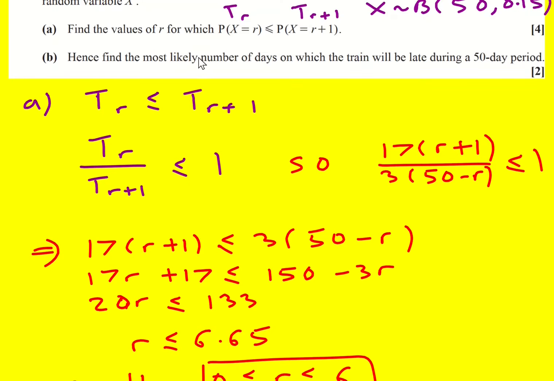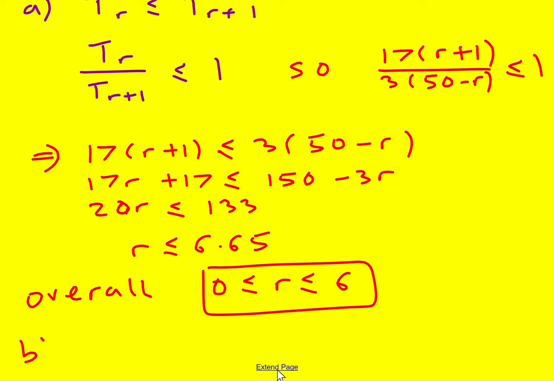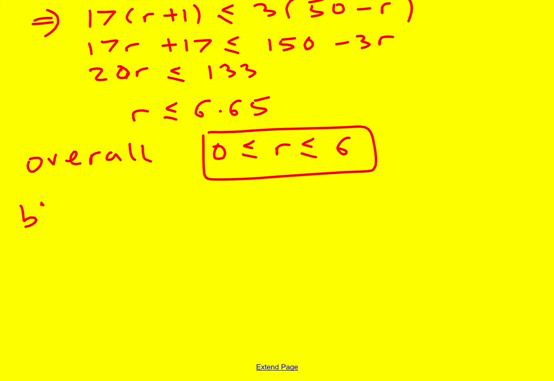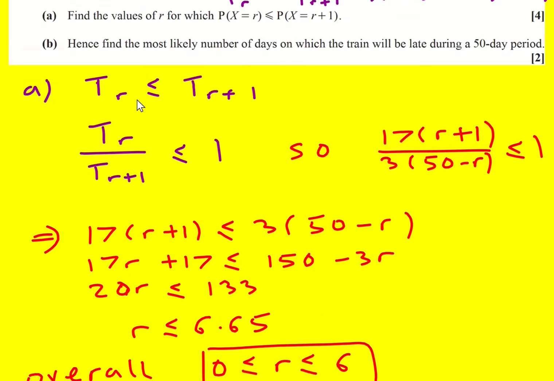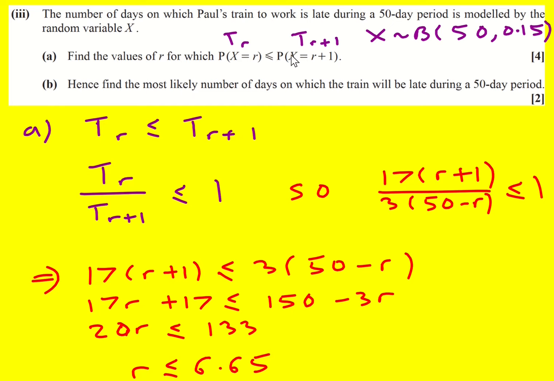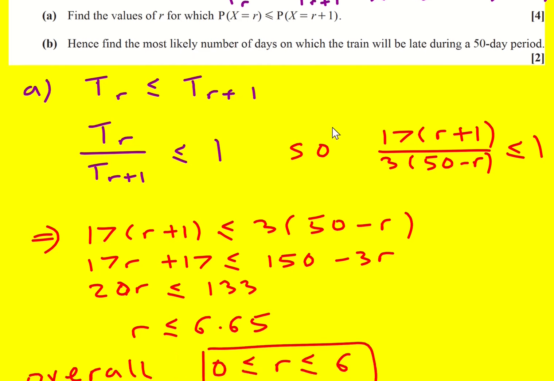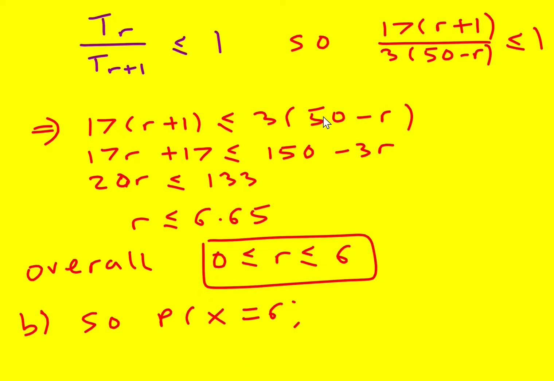Hence find the most likely number of days on which the train will be late during a 50-day period. Well, this actually follows from part A, because it must be that the probability that X equals 6, remember that's when I let r equal 6 in here, we've just shown that it's less than the probability that X equals 7.